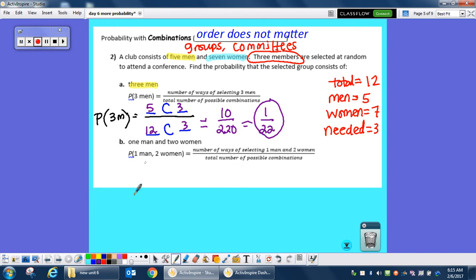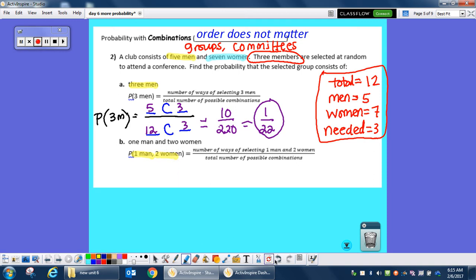Okay? So again, I think the key to these problems are kind of identifying your totals, what you have and what you need. All right, now we're going to do probability of, we need 1 man and 2 women.